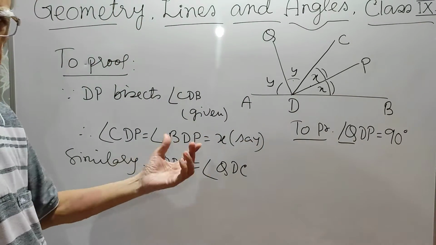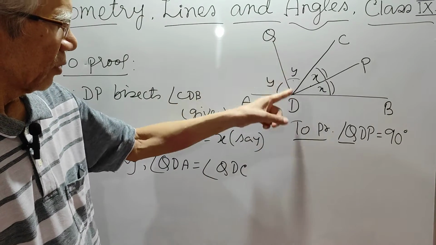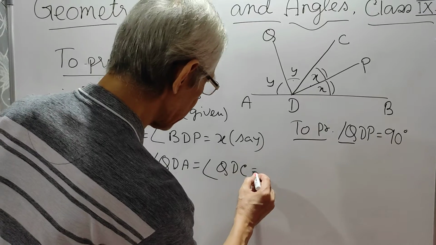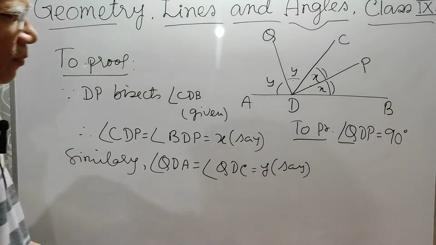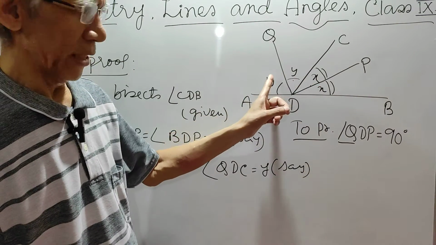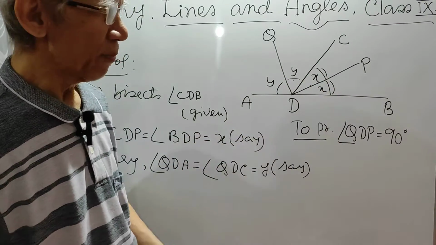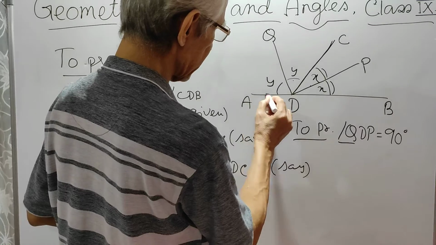All those details you will write. So I have written briefly. So this is bisector of this angle. Therefore, these two are equal. So let us say y each. All right. So this is x, this is y, y. Now the whole angle is 180 degree, linear pair, because this was the line standing on this.